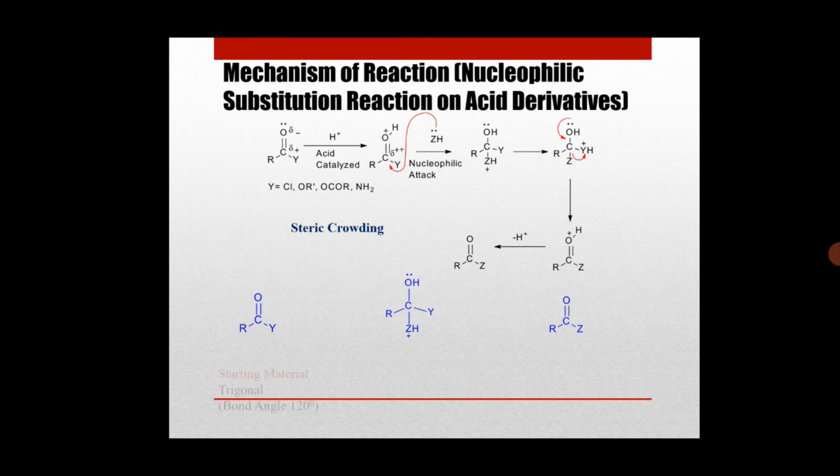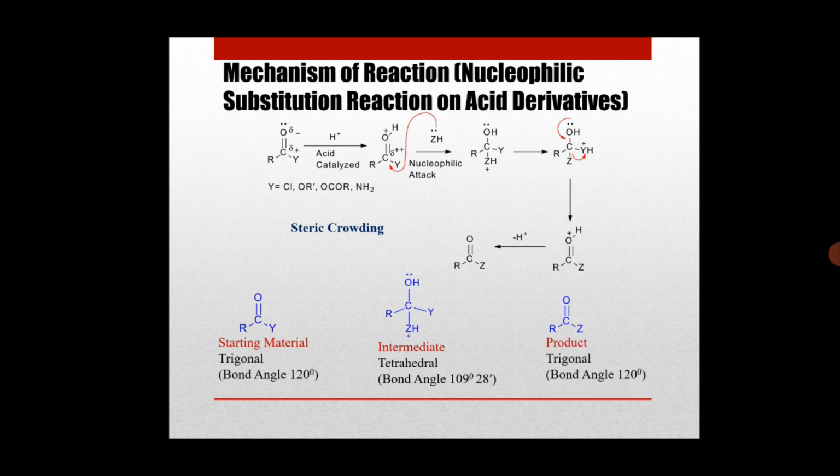The starting material, which is trigonal and has a bond angle of 120 degrees, when it goes to the intermediate, the structure is tetrahedral. The bond angle is 109 degrees 28 minutes. And when it goes to the product, again the structure is trigonal and the bond angle is 120 degrees.